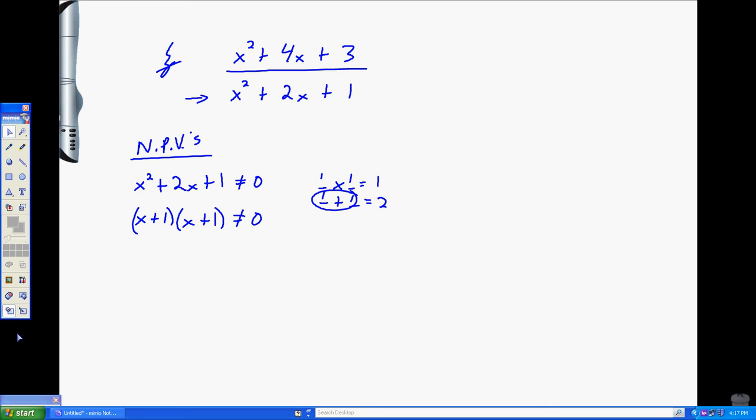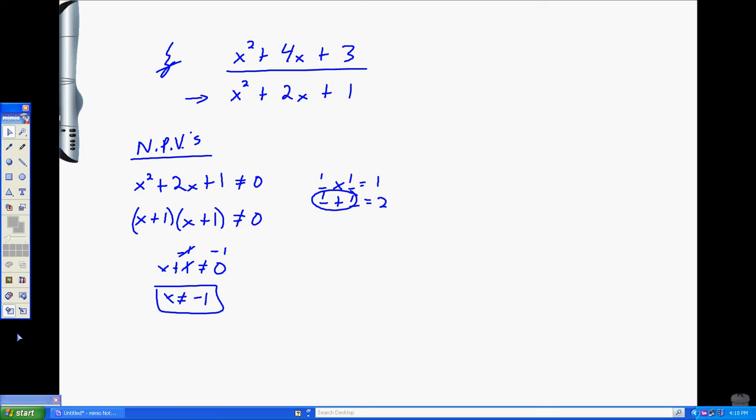We're going to find out later that some of this stuff straightens itself out. But so far, we can set both these factors not equal to 0, but they're the same. So I'll just do 1. x plus 1 cannot equal 0. So I'll minus the 1 over. So x cannot equal -1 in this case. Real nice.